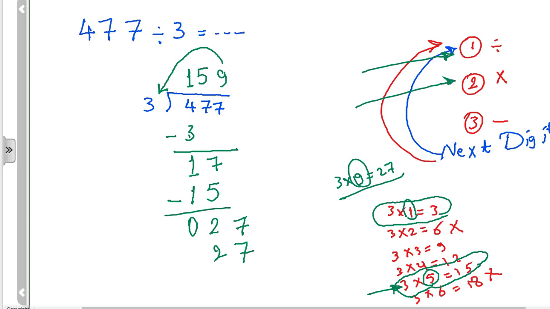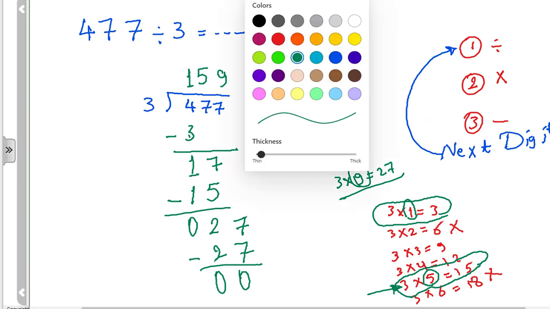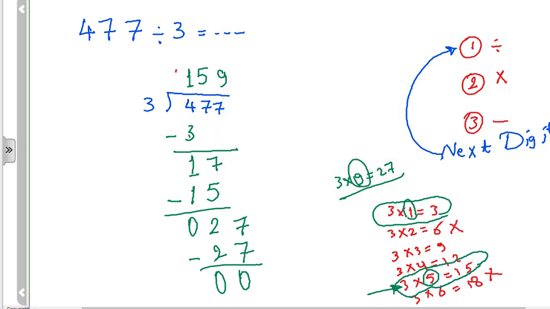We write the 27 down here and subtract. 7 minus 7 is 0, and 2 minus 2 is 0. So now, my heroes, we have the quotient, which is 159. So the answer is 159 watches.